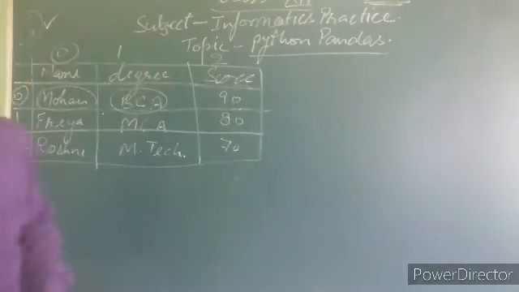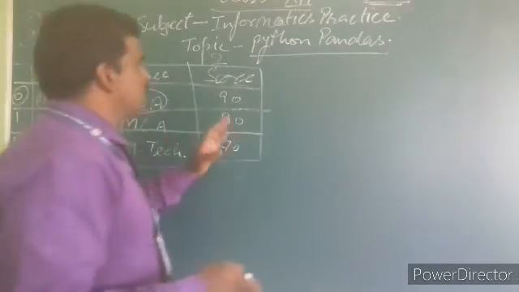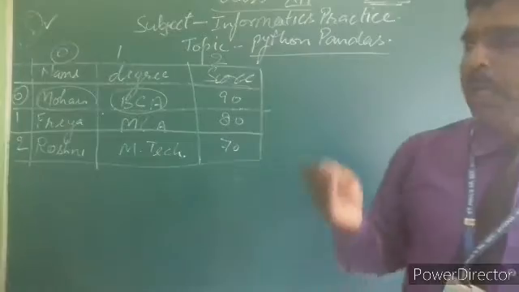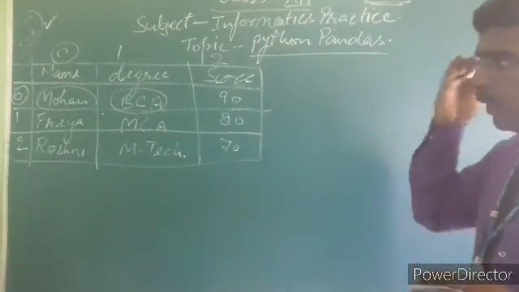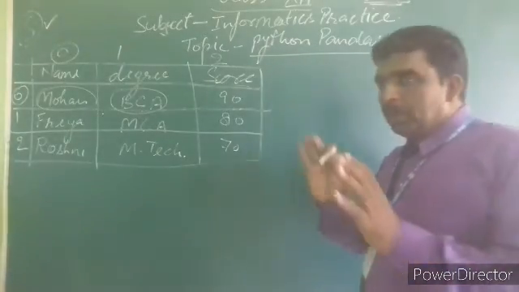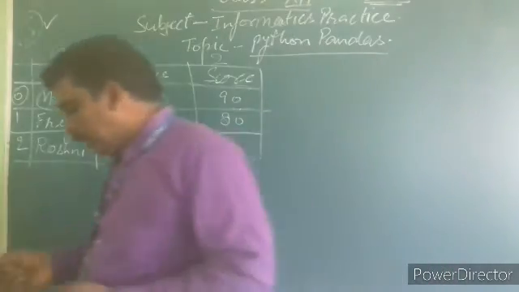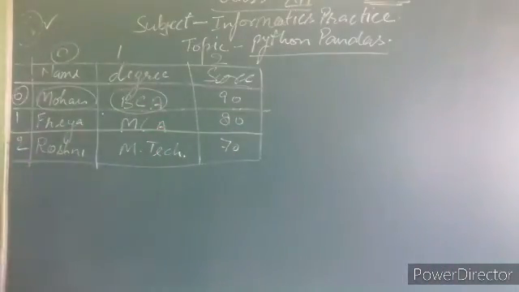So if we are displaying any value, at that time we should keep in mind the row number and the column number. The column wise and row wise values should be displayed.